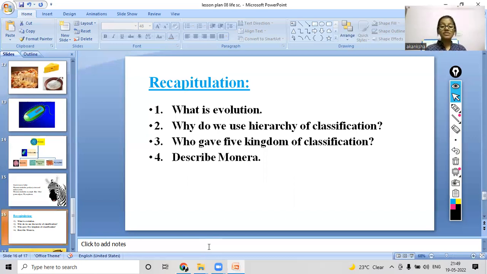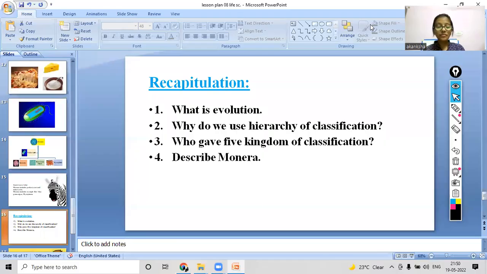Second, why do we use a hierarchy of classification? Because it becomes easier to identify the organisms. Who gave the five kingdom classification? Robert Whittaker. Yes, you all answered correctly.